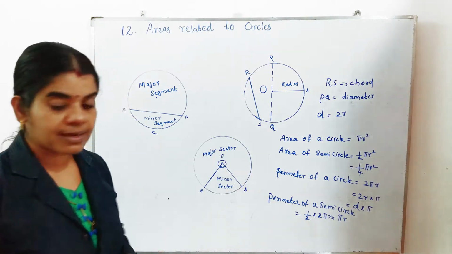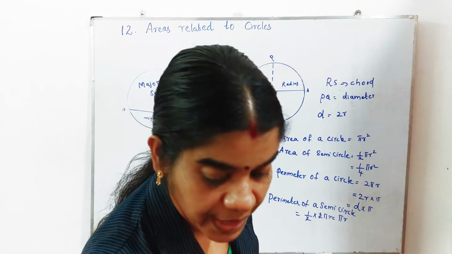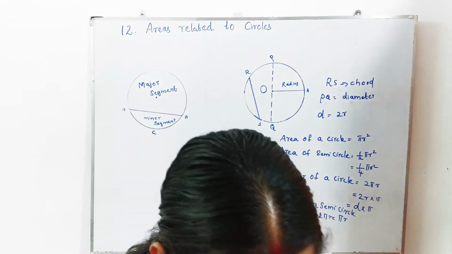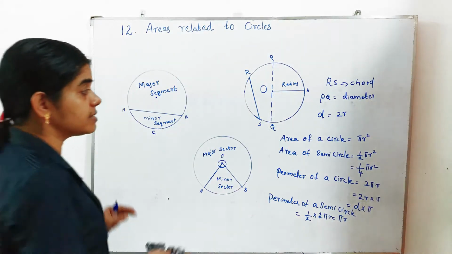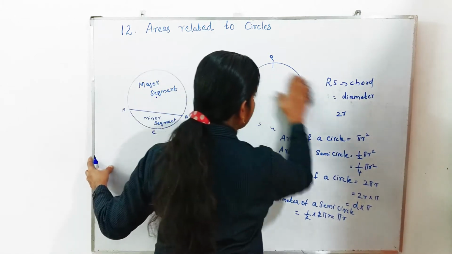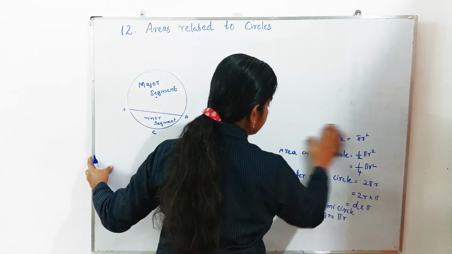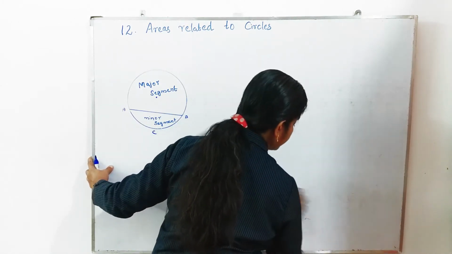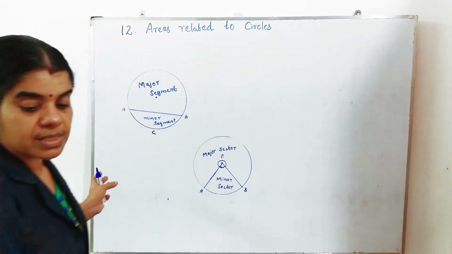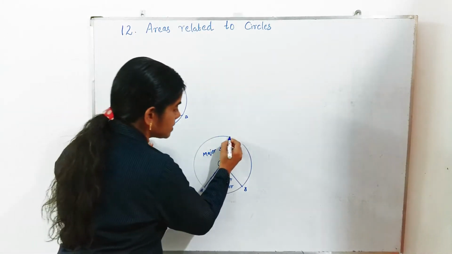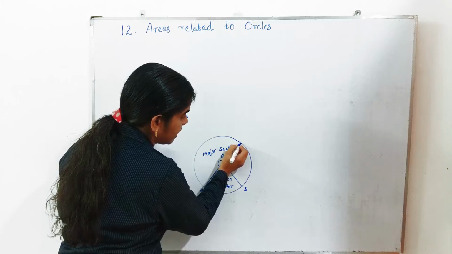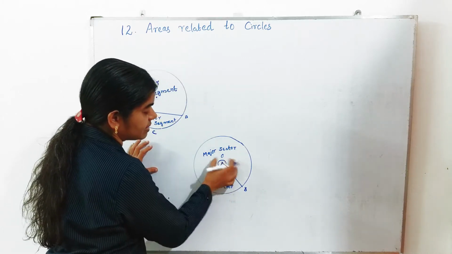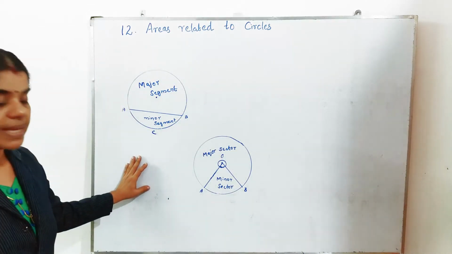Next, mainly we are studying the area of a sector of a circle. What can we understand by the sector of a circle? I already told that this is the minor sector and the remaining part will be the major sector.